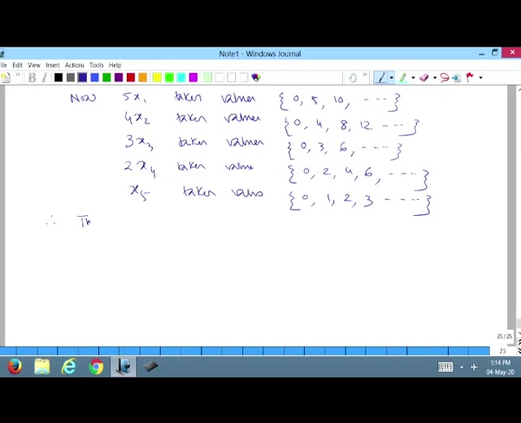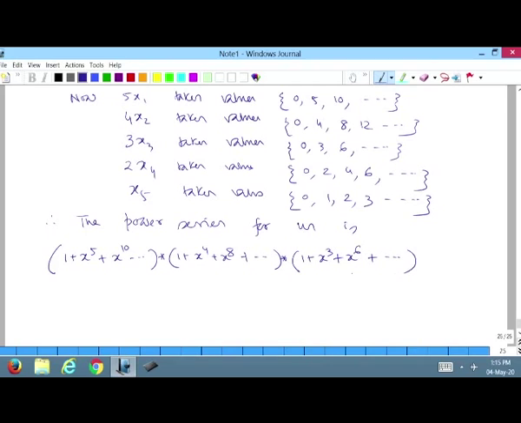Therefore, the power series for us is 1 plus x to the power 5 plus x to the power 10, multiplied by 1 plus x to the power 4 plus x to the power 8, multiplied by 1 plus x cube plus x to the power 6, multiplied by 1 plus x square plus x to the power 4, multiplied by 1 plus x plus x square plus x cube.